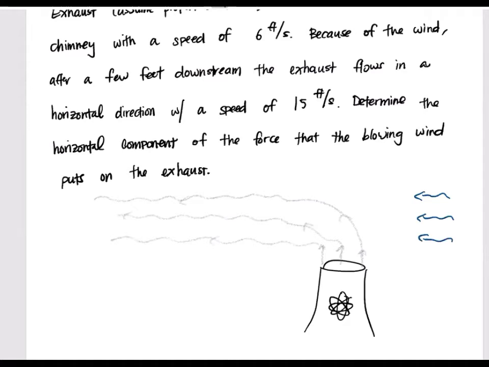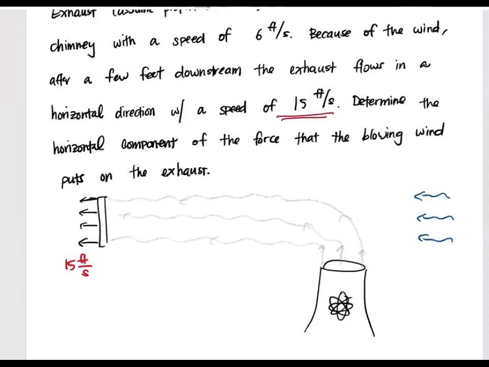Okay. Now, according to some measurements, we have uniform velocity at this measurement, at this location, and it is 15 feet per second. So it says here, right here, right? It's 15 feet per second, okay?